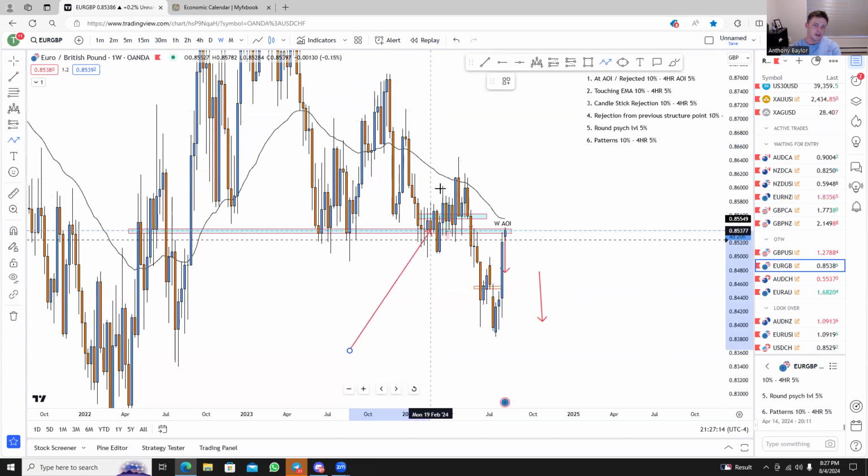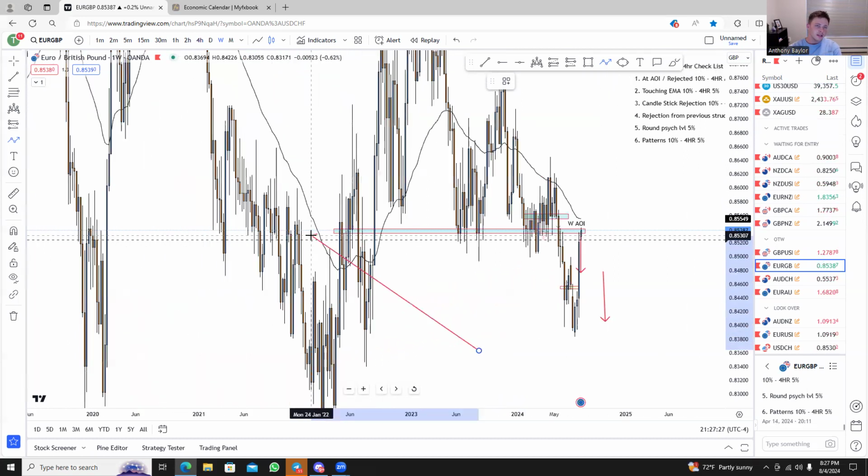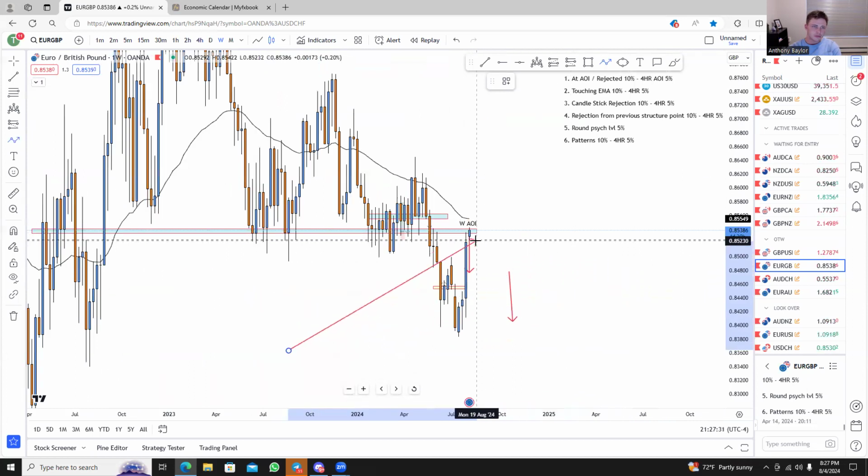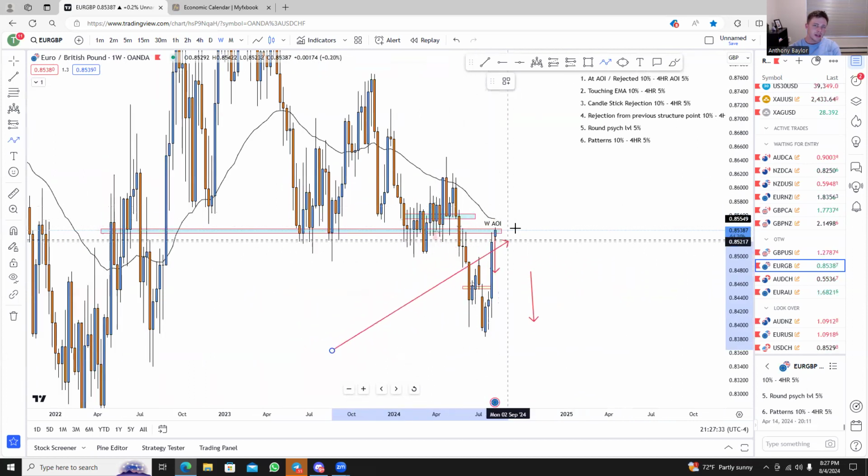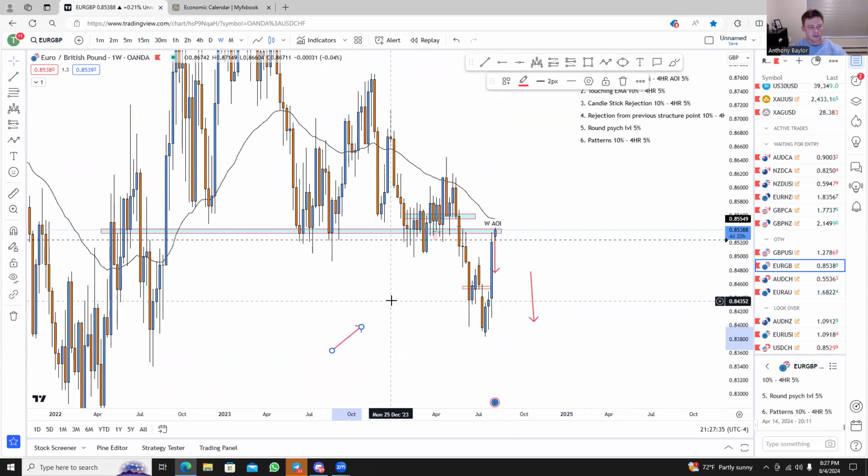Above, up, above, up. Here was a break, grab a liquidity, hit stop losses, and rejected, go up. Now look, it broke. Boom. Now we're going below, reject it. What are the chances that it hits this zone again and just rejects with the weekly area EMA right there? That's what we're waiting for.